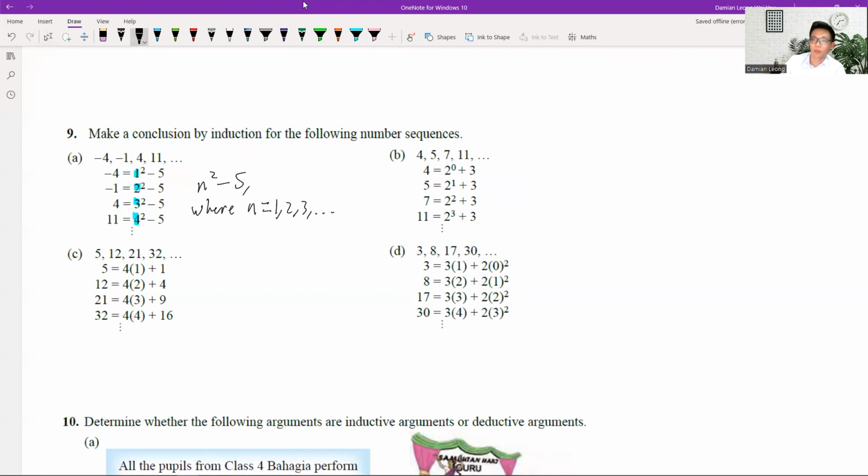For B, is this the power that changes? Okay. So the pattern will be 2 to the power n plus 3, where n doesn't have to start from 1, it can also start from 0. In this case, it starts from 0. So 0, 1, 2, 3, and so on.